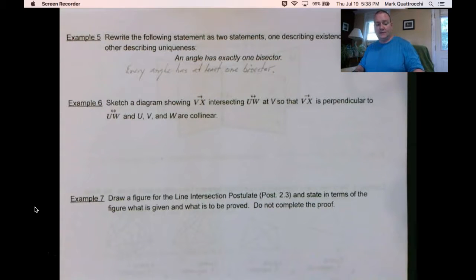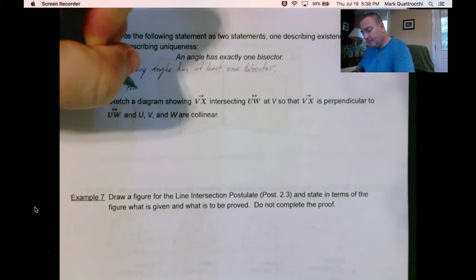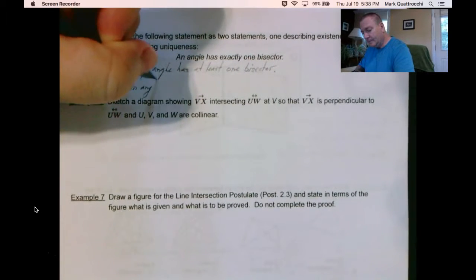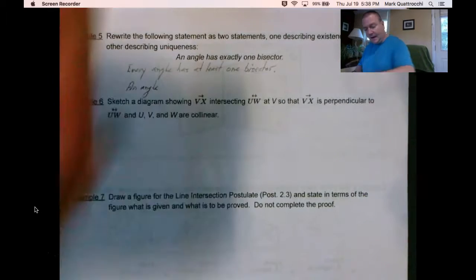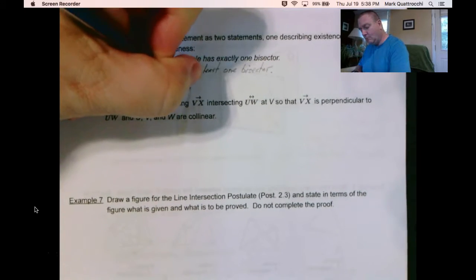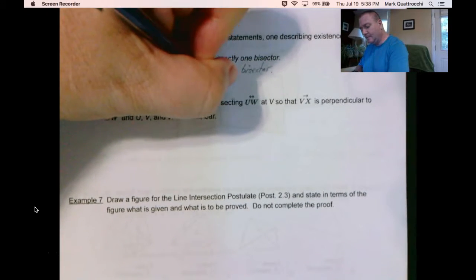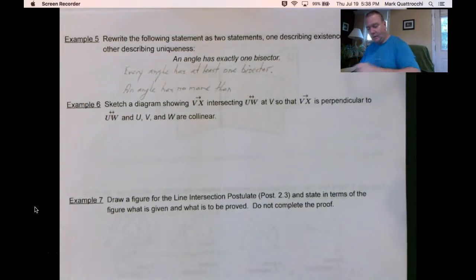Another statement, of uniqueness, would be: an angle has no more than one bisector.